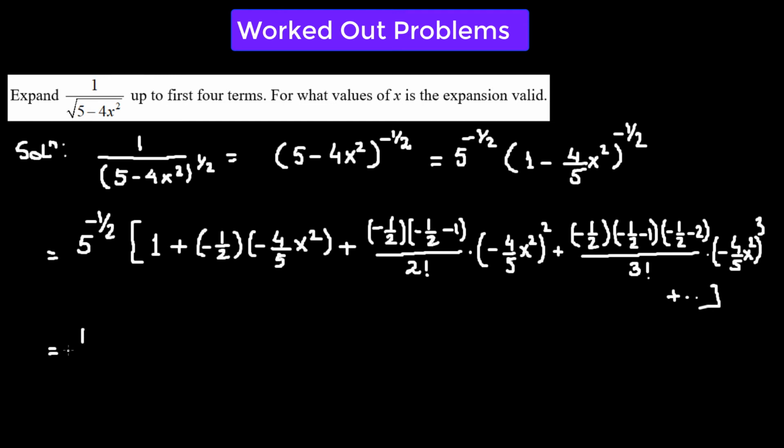So we can write this as 1/5 raised to the power of half times 1 plus, we'll go ahead and use a calculator, and that should give us 2/5 x squared.